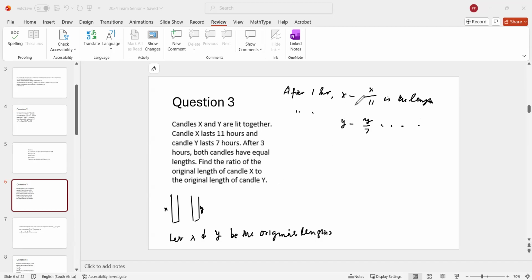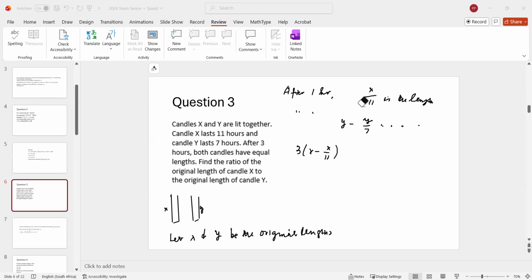So let's just say 3 into x minus x over 11. This is its length after 3 hours. No, wait a minute. I think I'd better be just a little bit careful. What we should say is, I don't want to know what the length is.